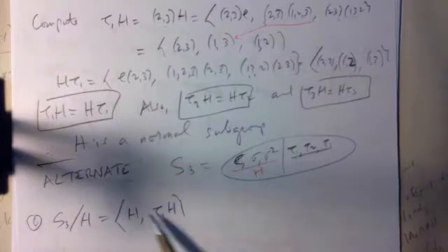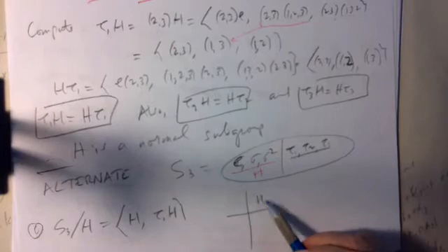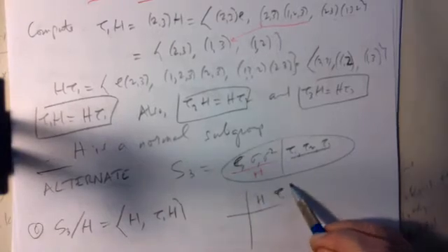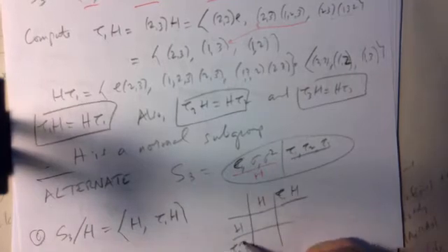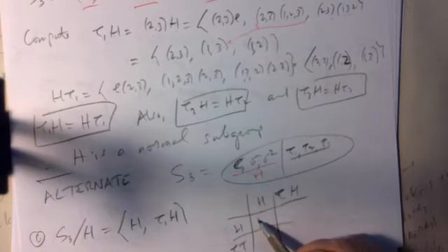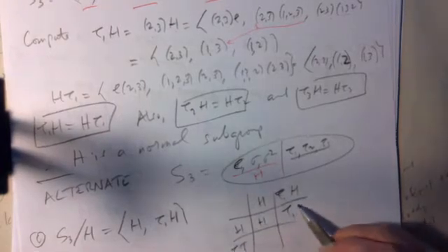Right? So there are only two elements in the group. And the multiplication table: H, tau 1H. This is H times H, which is H. This is H times, well, this is the identity. So this is tau 1H.